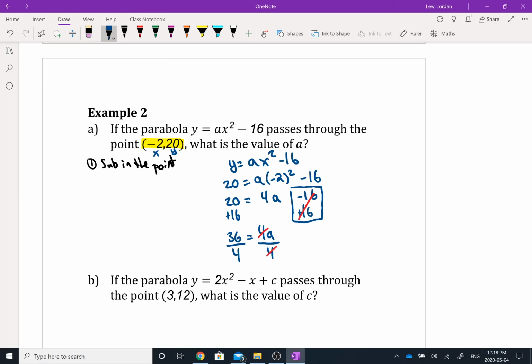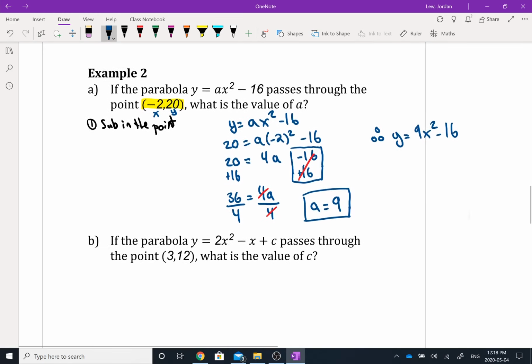One side cancels out, and I'm left with a equals 9, which is my final answer. So therefore, I can rewrite the equation y equals 9x squared minus 16. Or I can just write therefore the a value is 9.